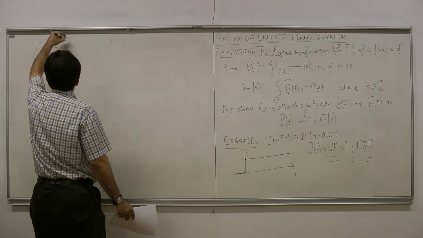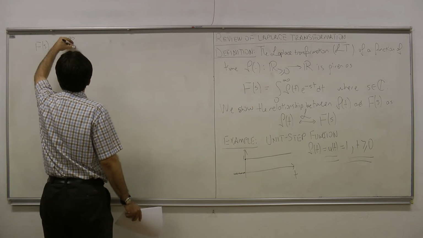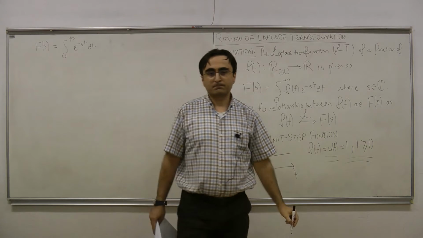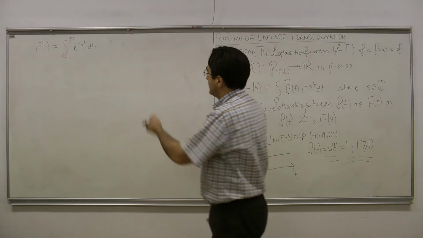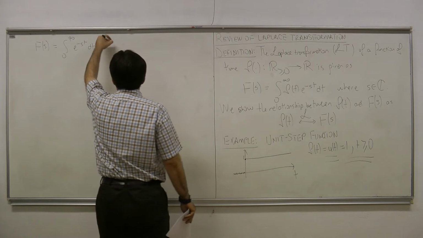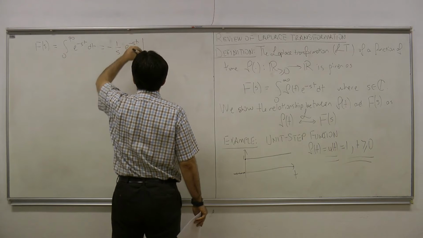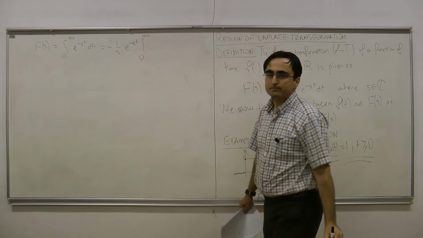So this is going to be 0 to infinity, I will have e to the minus st dt. Okay? Let us take the integral of e to the minus st with respect to t. It is going to be minus 1 over s e to the minus st evaluated from 0 to infinity.